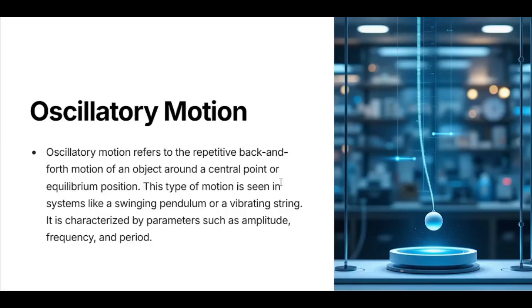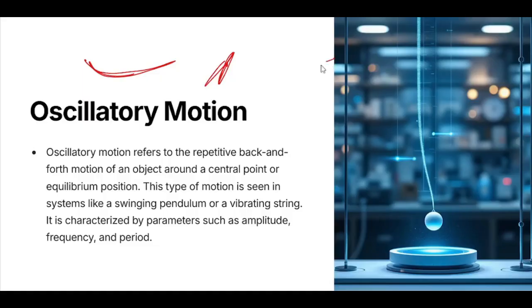Next we have oscillatory motion. When we talk about oscillatory motion, we're talking about motions that are moving to and fro, or up and down. Once it's moving in a rhythmic repeating pattern, we have an oscillatory motion, like the pendulum bob we know.